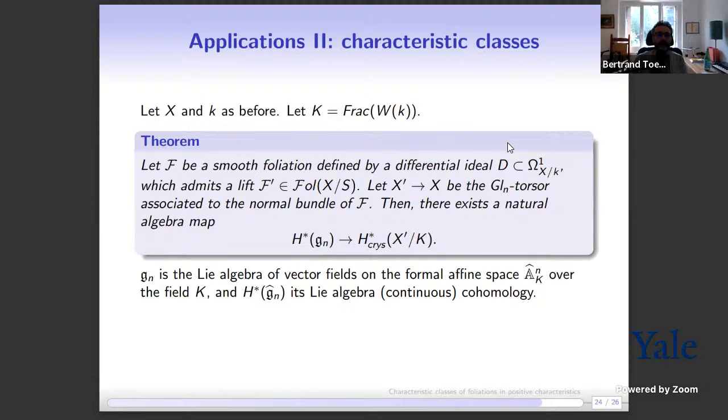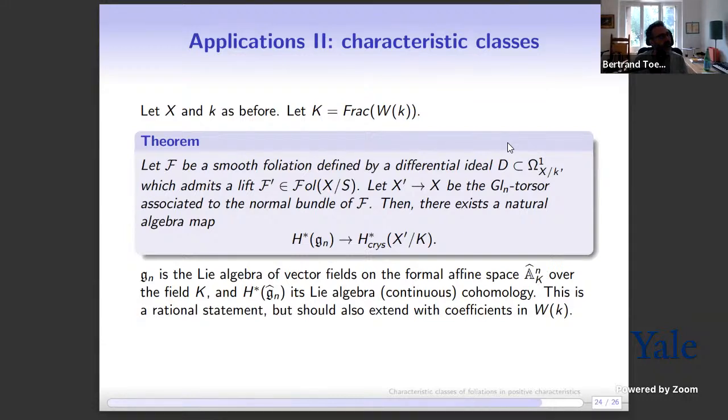I'm convinced that there is a way to get an integral statement, but what the left-hand side should be is a bit mysterious. There is something we can write down, but it's very complicated. It would be nice to have something better than rational crystalline cohomology, but at the moment we don't know.